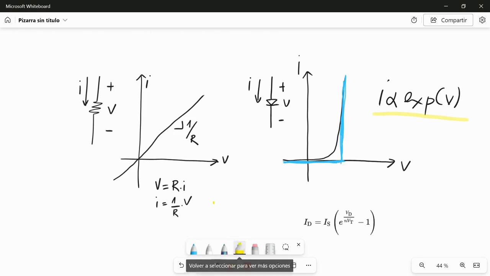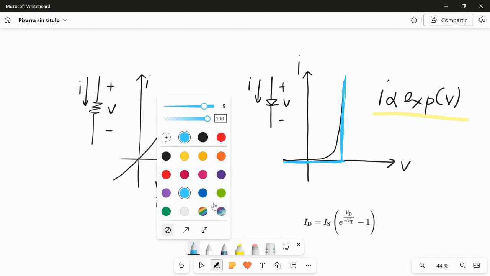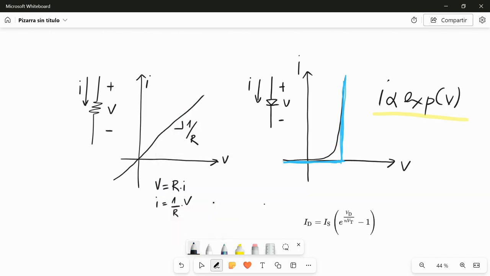The real thing is this exponential, but we will see that this approximation is very good for understanding the behavior of the diode and also for working with it in problems as a first ideal approximation.